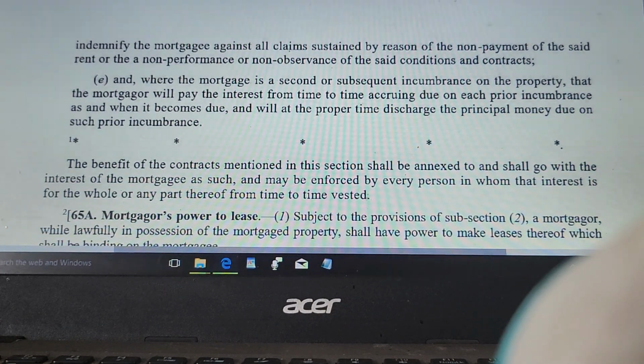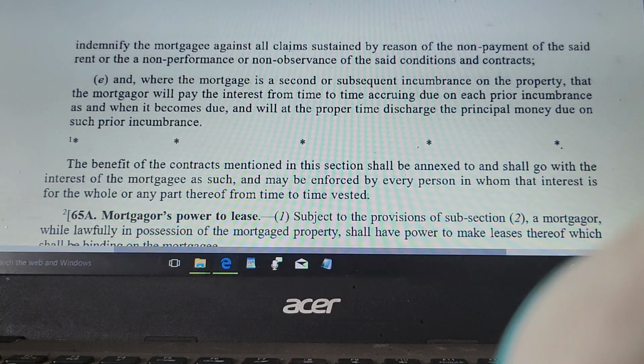and indemnify the mortgagee against all claims sustained by reason of the non-payment of the said rent, or the non-performance or non-observance of the said conditions and contracts.